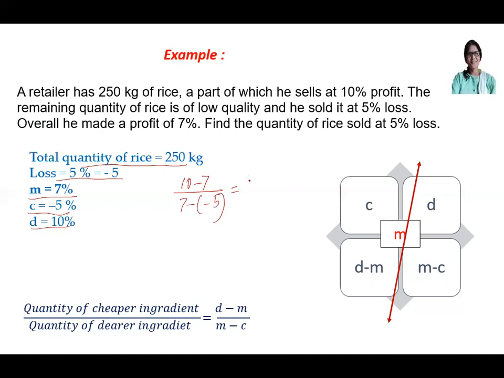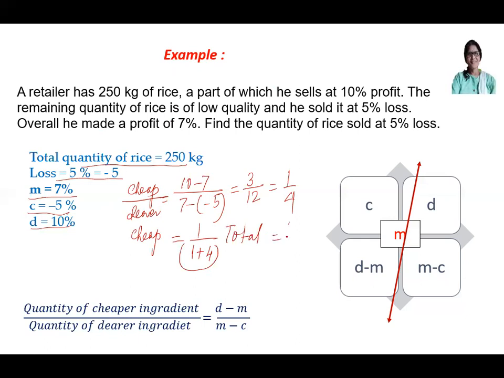I repeat again, this is a very important question. 3 by 12 will be 1 by 4, that will be cheap to dearer. So cheap is equal to 1 by 1 plus 4 of total. What is total? Total is 250. So 1 by 5 into 250, that will be 50 kg will be sold at 5% loss.